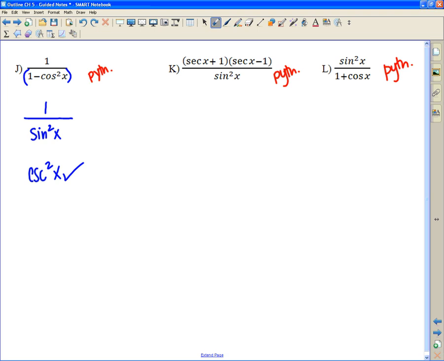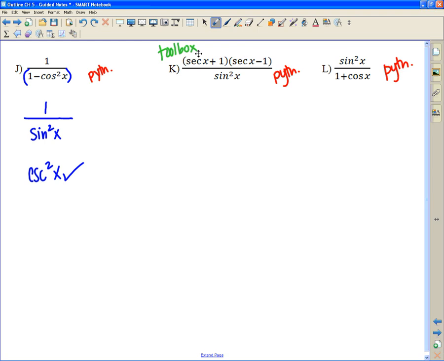Next one. Looking at this, you finally get an opportunity to use another part of your toolbox. First of all, these are conjugates. This is secant of x plus 1 and secant of x minus 1. When you see conjugates, then you know that multiplying them out should be helpful because that's what we've talked about before.